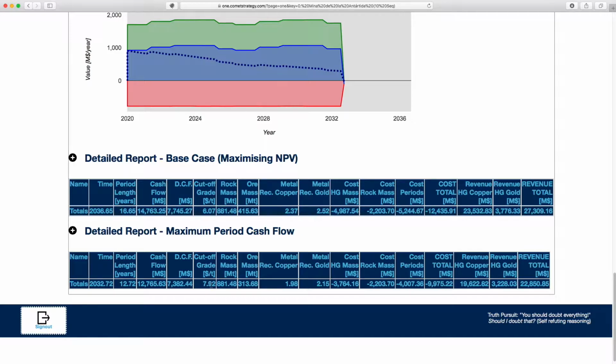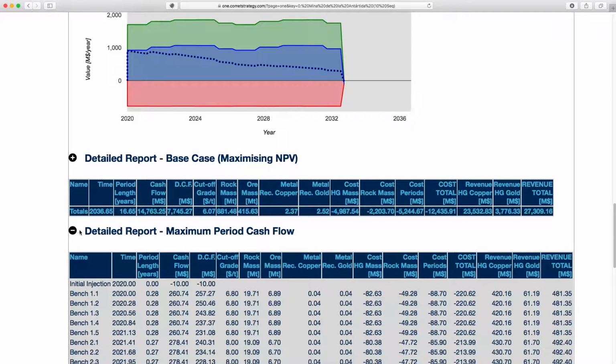Even though we've got the higher grade material, we've made more money more quickly, we haven't made it for as long. And that's really where the discounted cash flow suffers, is that you just don't have those cash flows for as long. We end up only with 12.7 years instead of 16.5 years.